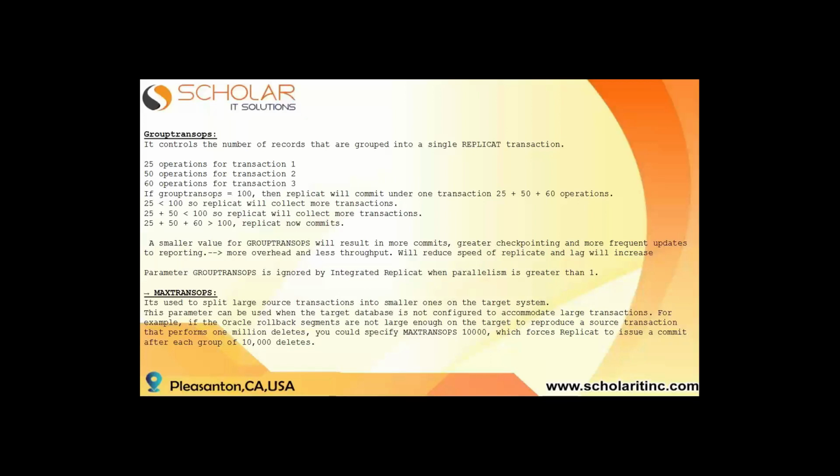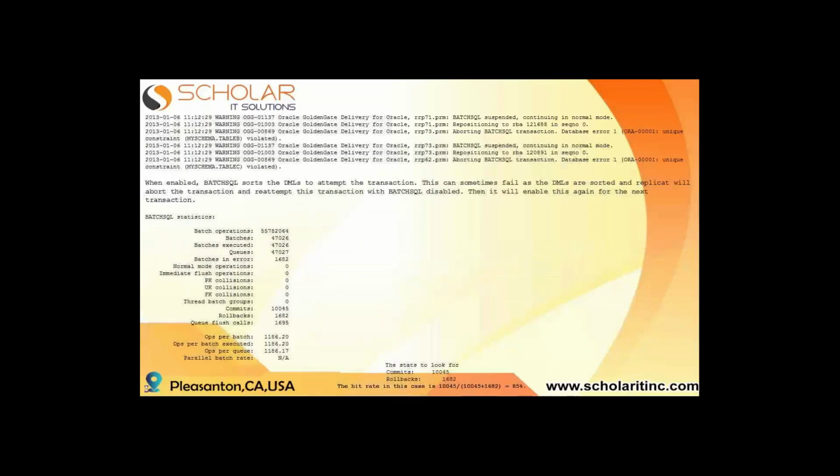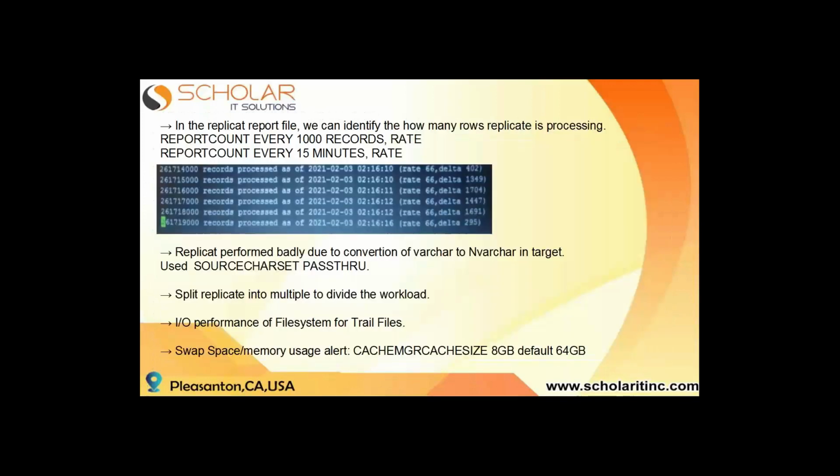There is no single good number, because if your application is not that active and you set 5,000 or so, then it is a waste. To identify whether GROUPTRANSOPS is causing some delay, you have to check the report file and see the speed.